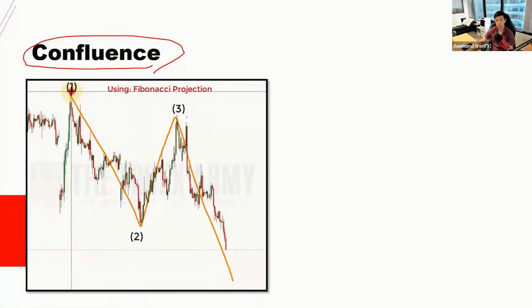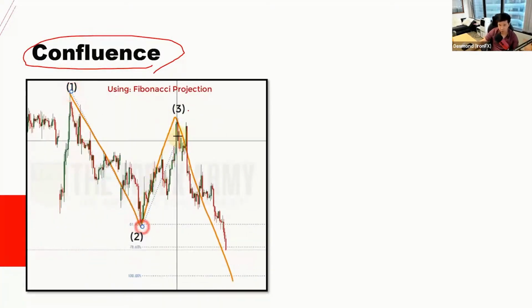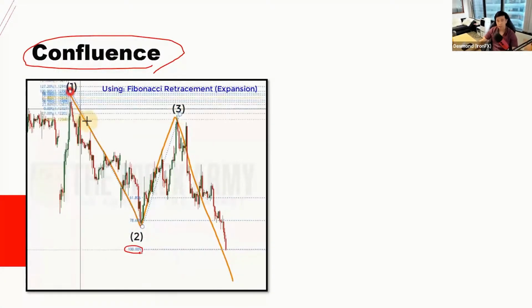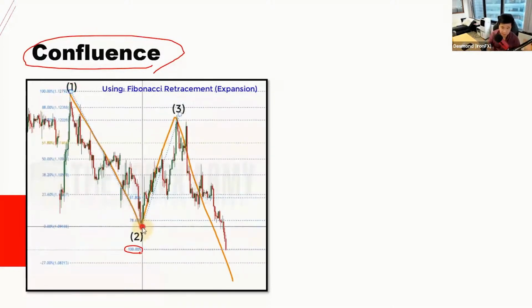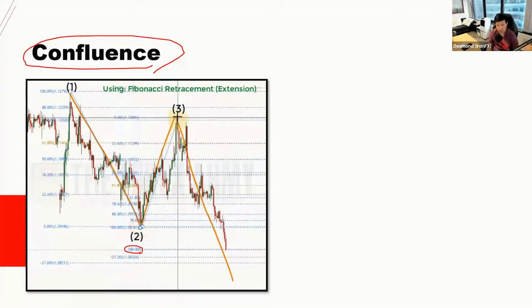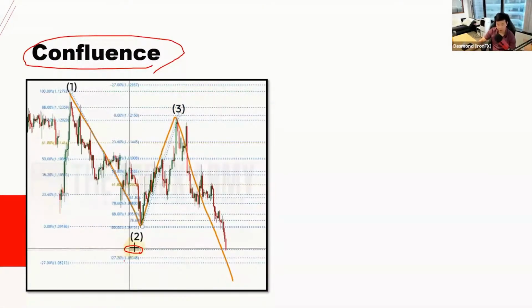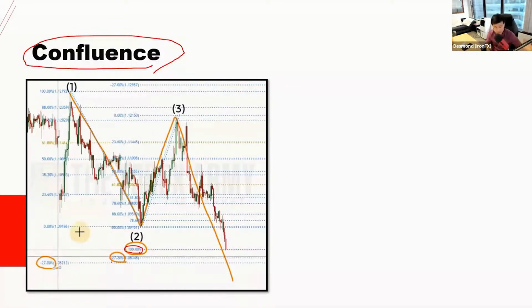As you can see, we can start with the Fibonacci projection, 100%. We can start the Fibonacci retracement, expansion, extension, and we found 1, 2, 3 reasons why price might bounce off this area.